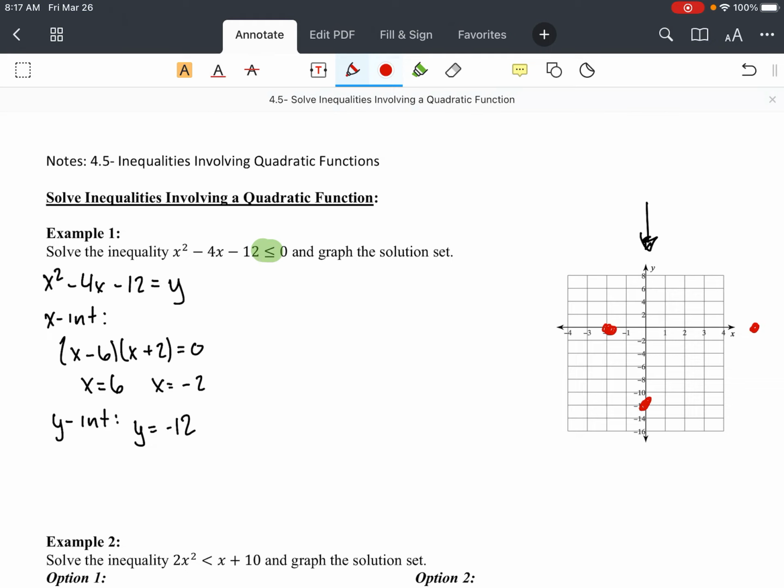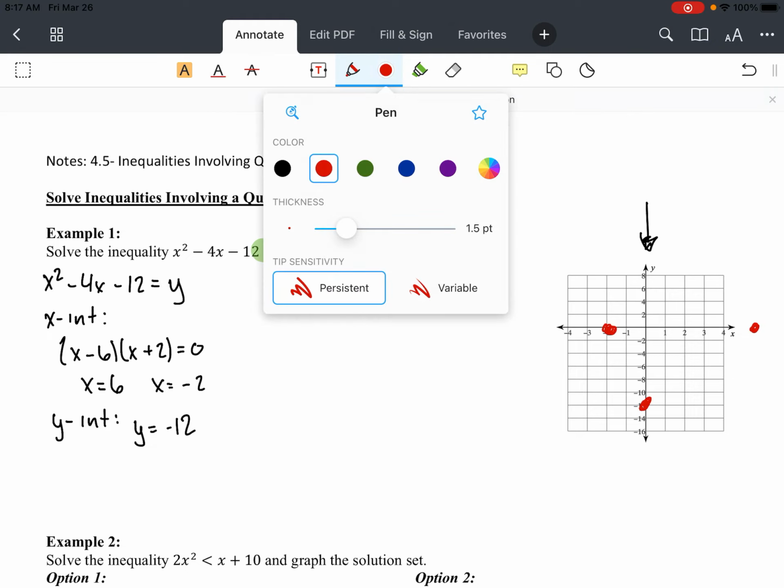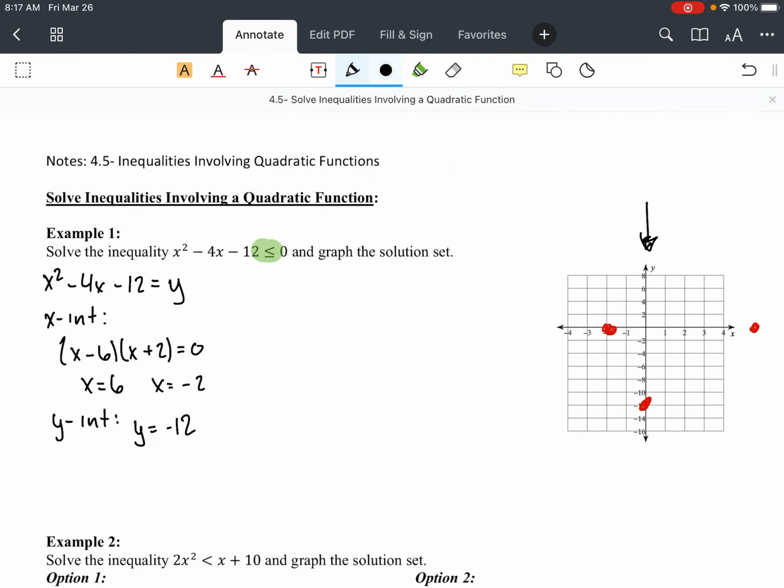Right, so now we need to figure out what the vertex is. Okay, so let's take a look at what the vertex of the graph is going to be. The vertex is, we're solving for h first. So we've got h is negative b, so b would be negative 4, so negative negative 4 over 2 times a, which is 1, which gives us 2.